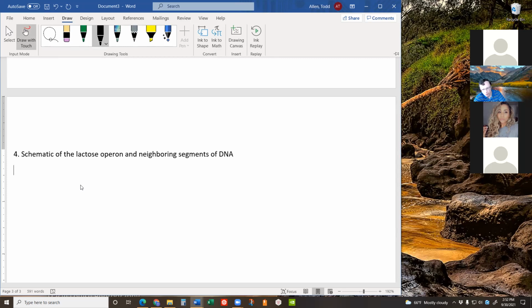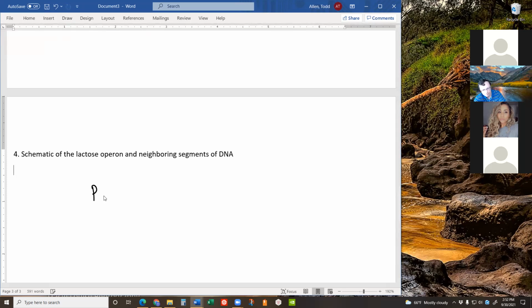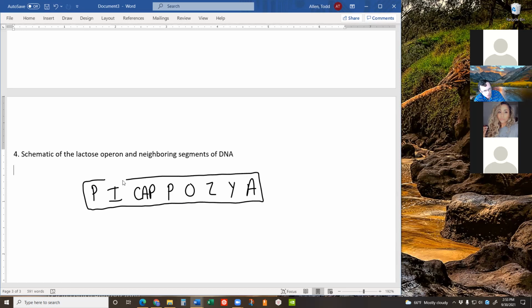Okay, so what we have here is P, I, CAP, P, O, Z, Y, A. Obviously, these letters mean something, and we're going to have to define them for you, and we will.